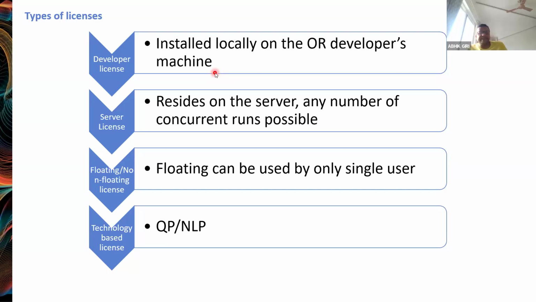The only constraint is that at any point of time, only one of them can use it. It is not specific to a single user. While a non-floating license is specific to a single user. So you generally need to provide the host ID of your computer, which is like an IP address. It's specific to a particular laptop or machine, and the license would be activated only for that machine. So that is non-floating.